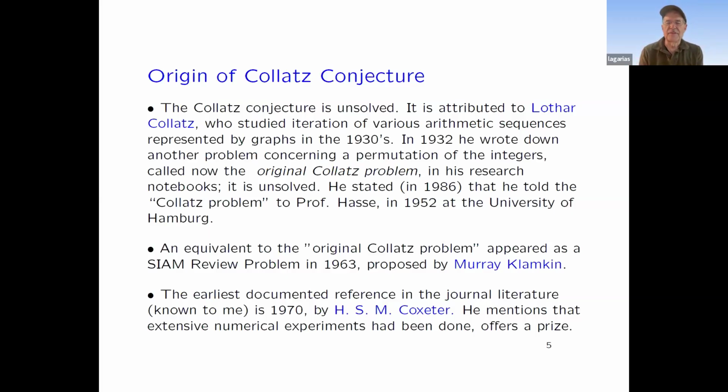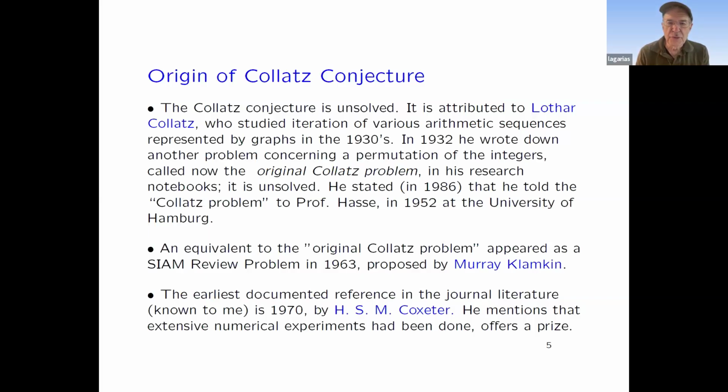And in one of his later papers, he said he had certainly explained the problem as early as 1952 to Professor Hasse at the University of Hamburg. The original Collatz problem appeared in its own right as a SIAM Review problem in 1963. So that's the earliest version I know of that's in print.